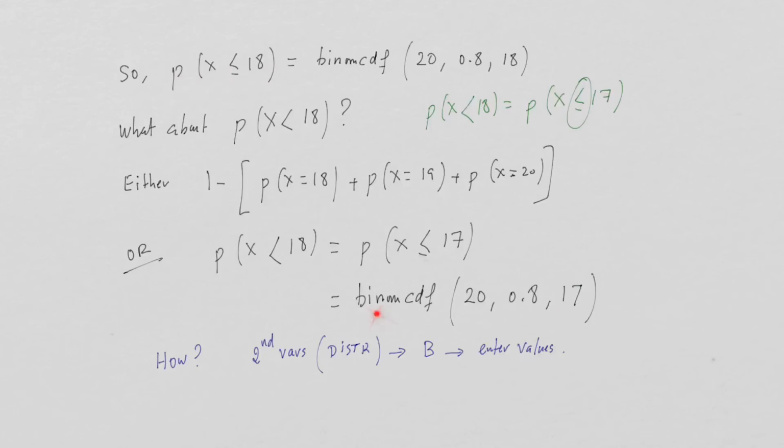Just to remind you how to get here, second vars, which is distribution, scroll down to B. A gave me the binom PDF. You want B, which is binom CDF, and enter the values. Number of trials is 20. Probability of success is 0.8. And X is 17, not 18. Even though you see 18 here, because I don't have equal sign, I don't have less or equal, I convert this into this.